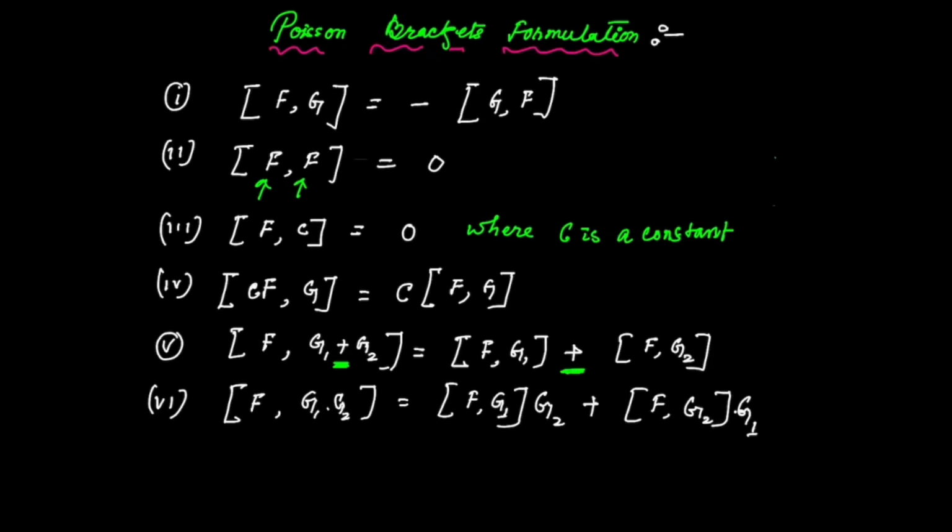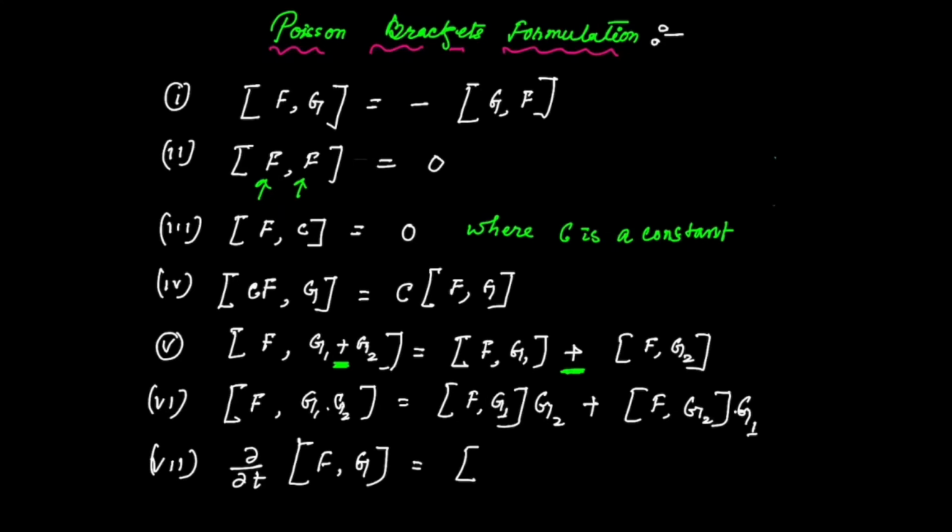Now our next relation is the partial time derivative of the Poisson bracket of f and g.